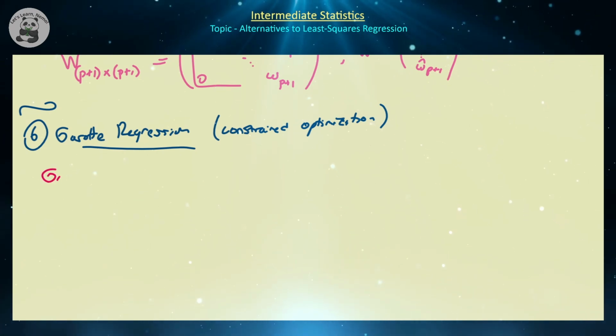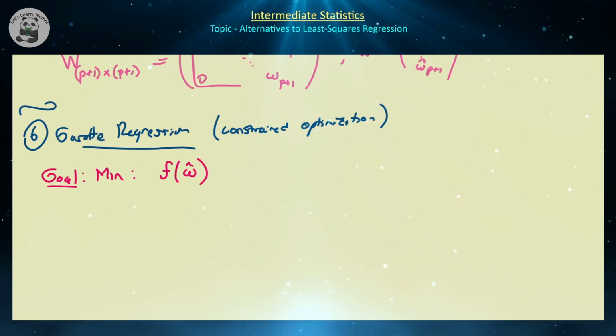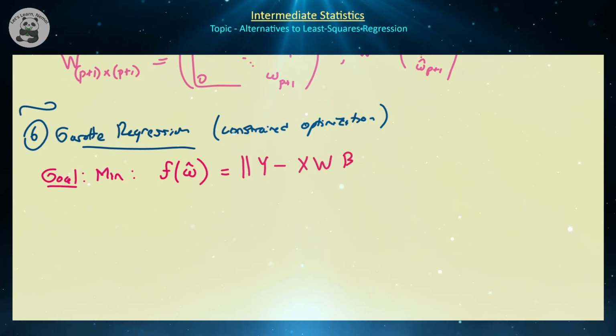So the goal for Garotte regression is to minimize with respect to W hat, not beta hat. So its goal is to minimize the norm of y minus xW beta hat squared, right?